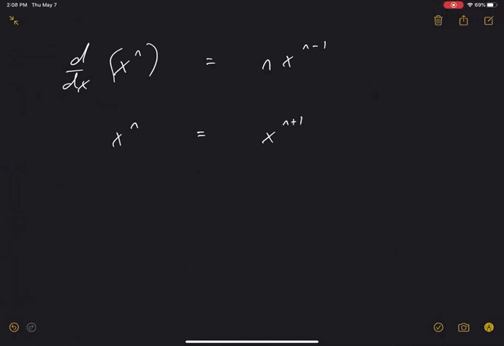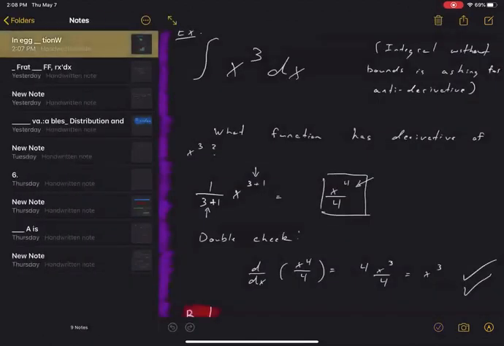And then instead of multiplying by n, I'm going to divide by this n plus 1. Okay, so my antiderivative of x to the n dx is going to be x to the power n plus 1 over n plus 1. We're not quite done yet.